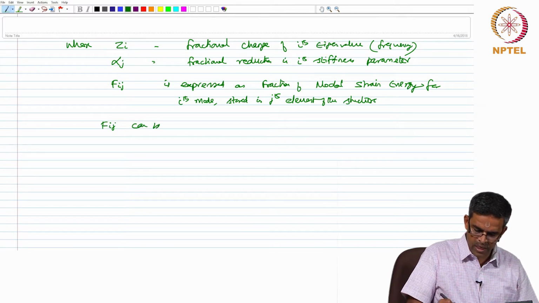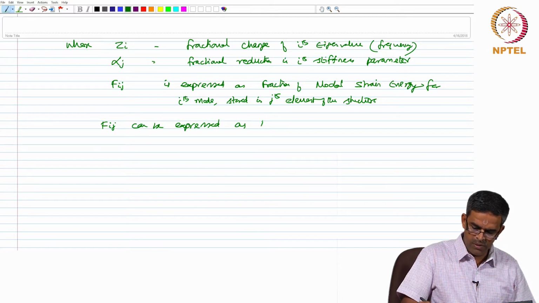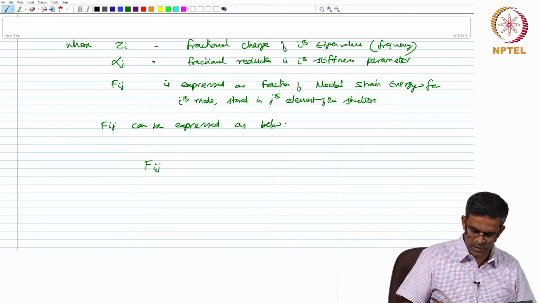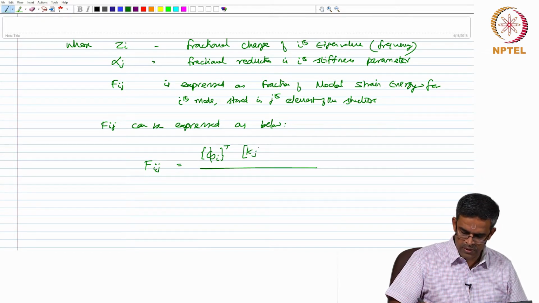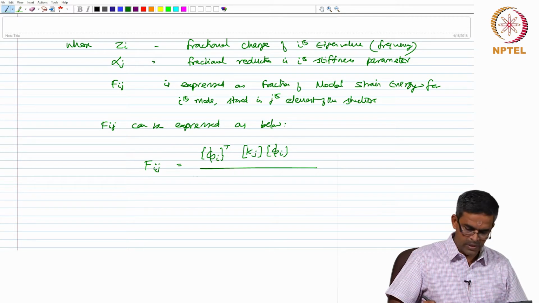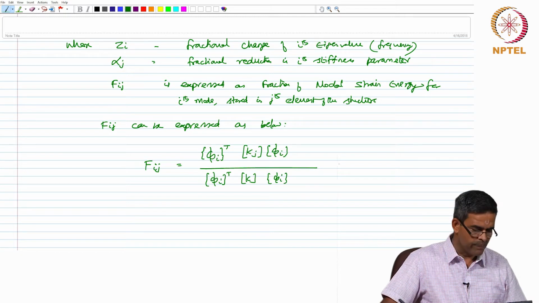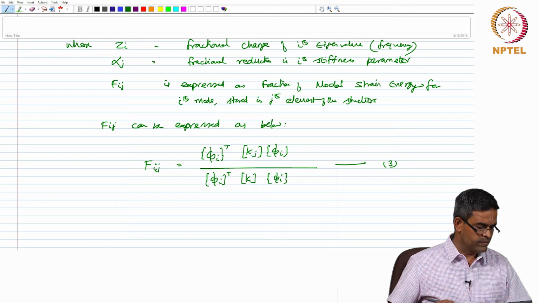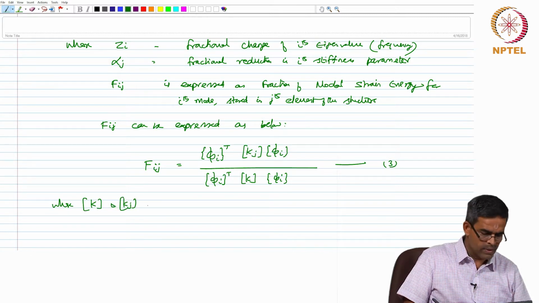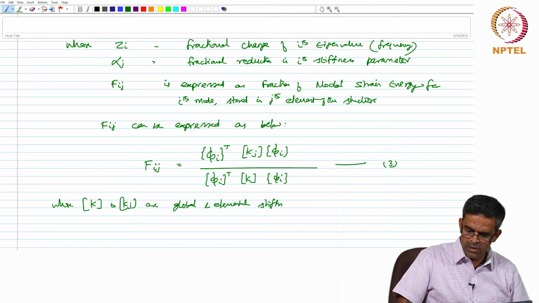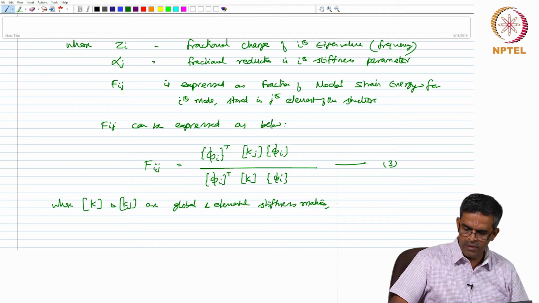Fij can be expressed as below. Fij is phi i transpose Kj phi i divided by phi i transpose K phi i, where K and Kj are global and elemental stiffness matrix respectively.